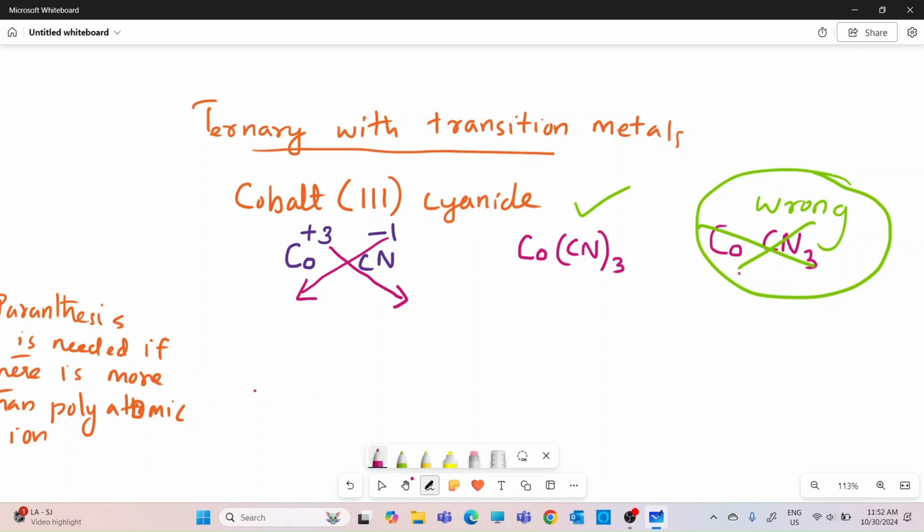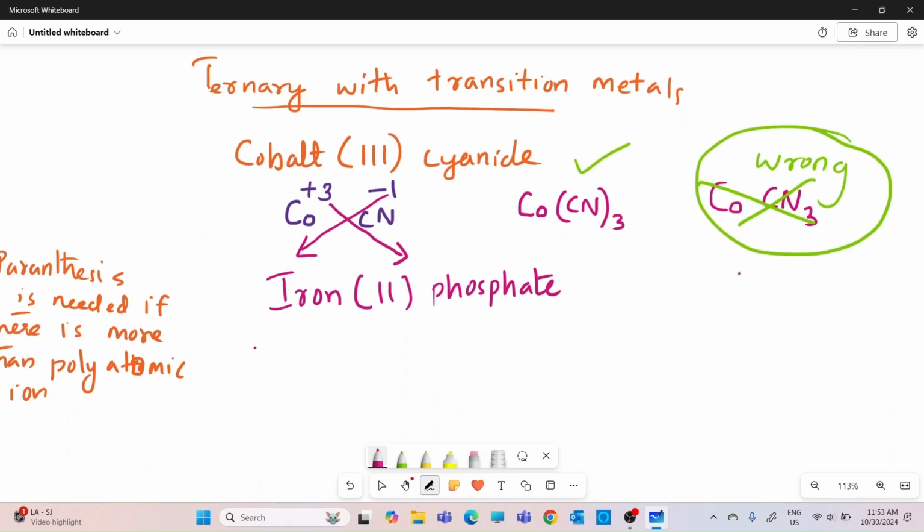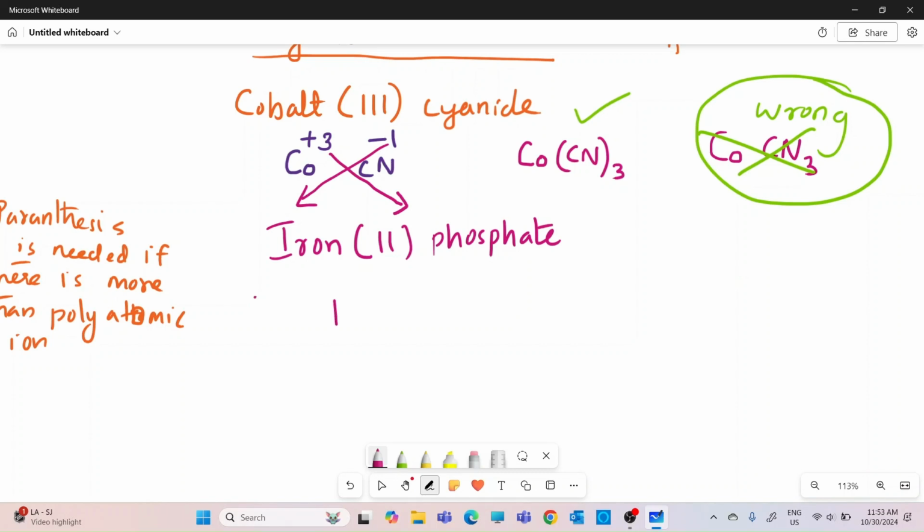Let's try another one. Iron(II) phosphate. So go ahead and write it. It is Fe, and the oxidation state is given, which is +2, and phosphate is PO4 with a charge of -3.